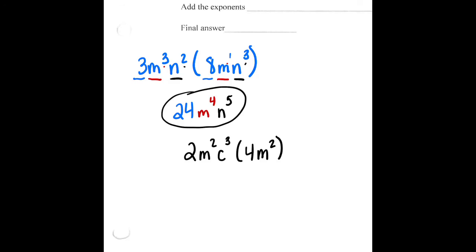The only thing you do is multiply your front numbers like normal, combine your m's together and add the exponents, and then this c right here, since it doesn't match up with anything on the other side, you just bring c cubed down with your answer. And that is it.